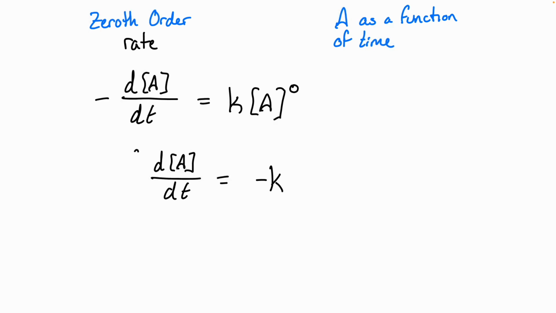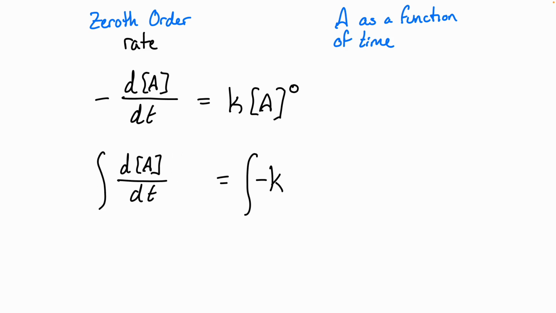And then if we integrate this with respect to time, to be honest, y'all are probably better at your calculus at this point than me. It's been quite a while. But what you would get is negative kt.